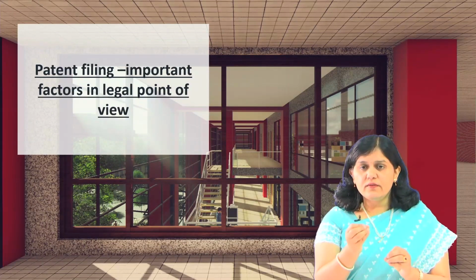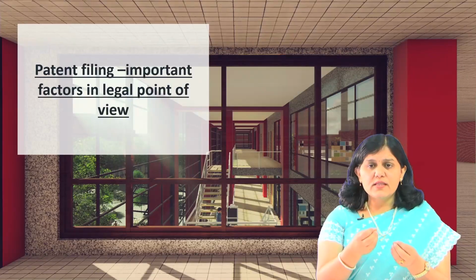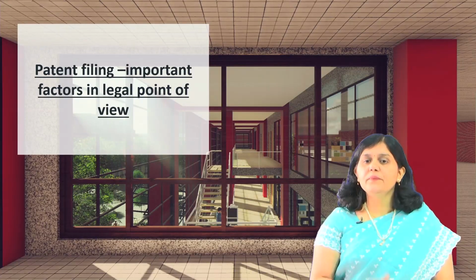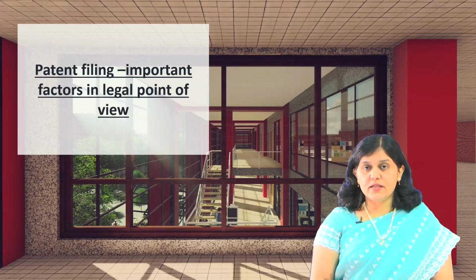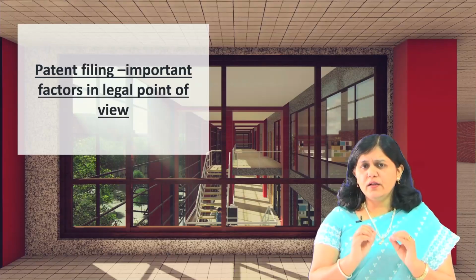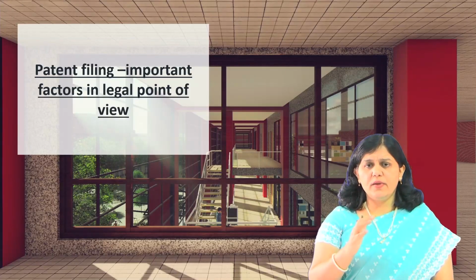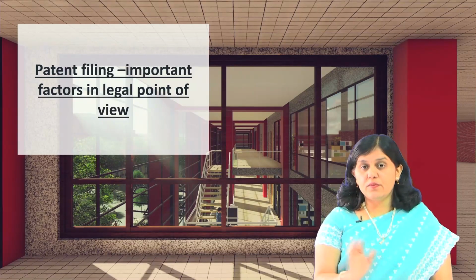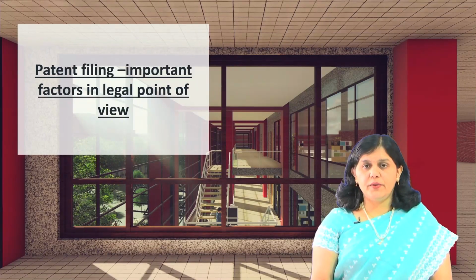Although you will feel very odd at the starting point, it is always better to do that, to avoid any conflict at later stages, because it will again be a headache for you later. So be better prepared in the first stage only, be practical on that point, and complete that process when you are filing a patent.